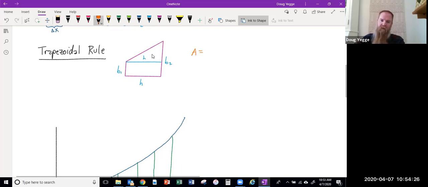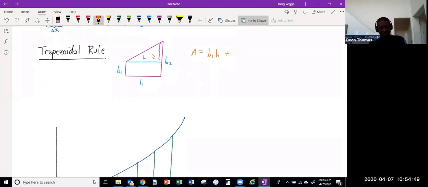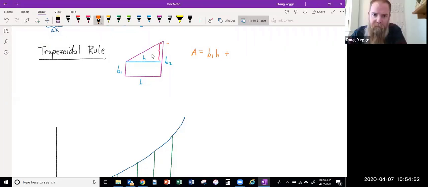So I know that it's going to be the base 1 times the height plus, and now I got to figure out what this length is right up here. So how could I find this length right there, the base of that triangle? What would that be? Well, B2, remember, is going to be this entire length, and it may not necessarily be halfway through. So I can't say that it's half of B2.